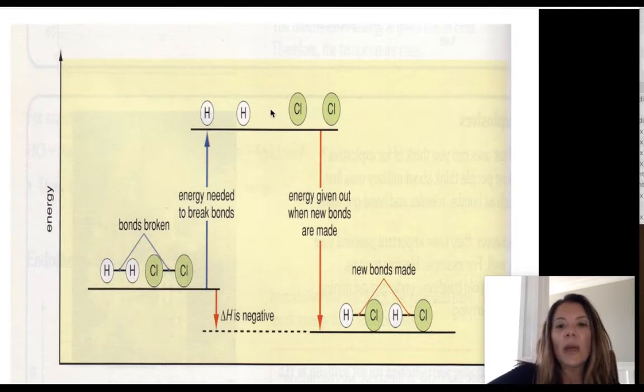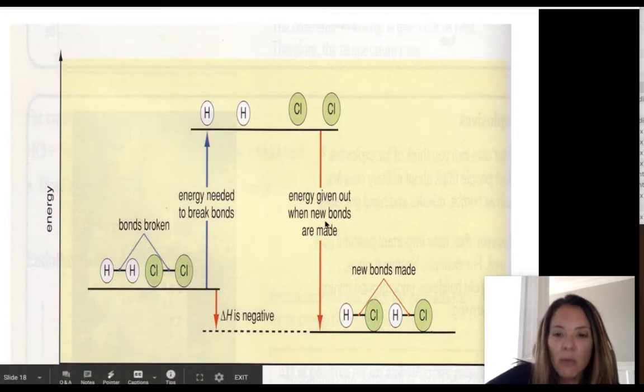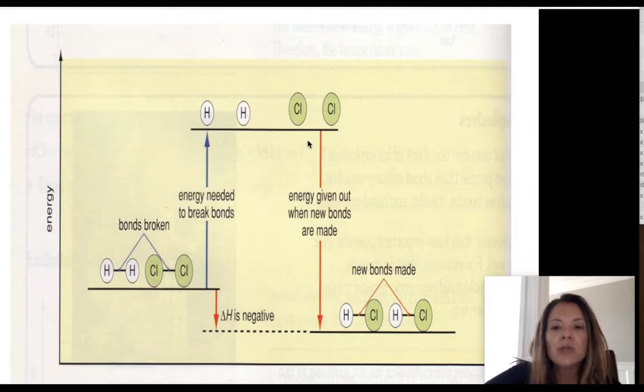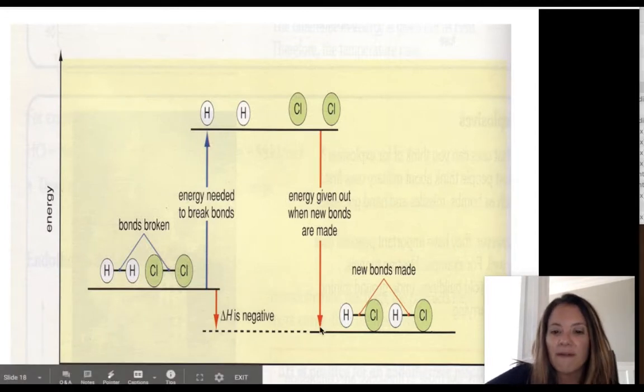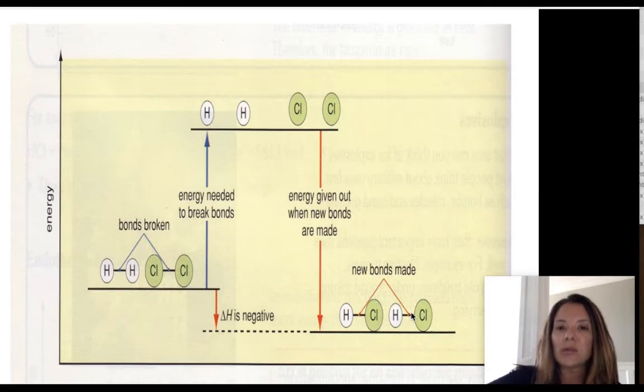We notice that when these bonds reform and come back together, we get a certain output. And I notice that the output arrow is greater than the input arrow. So because we get a greater output of energy in the formation of these 2 new product bonds, we would say that the overall reaction is going to be exothermic.